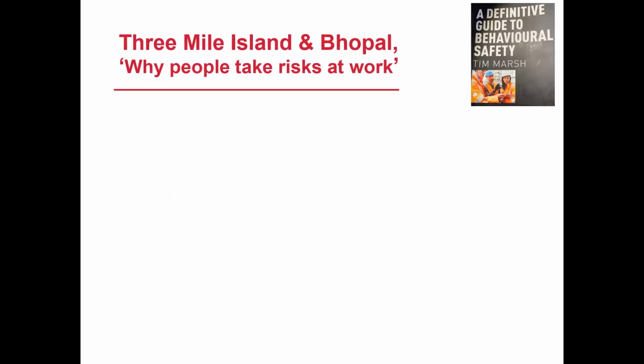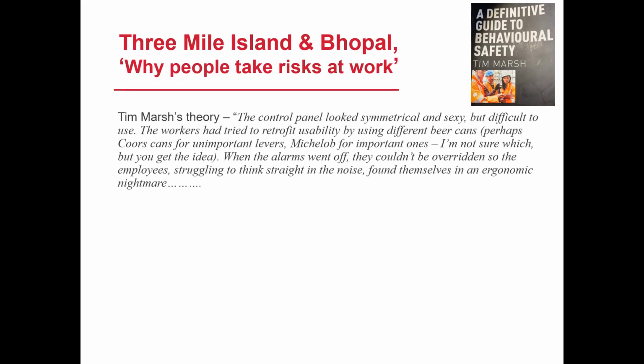Now, again, I go back to that book which I've read through from Tim Marsh, A Definitive Guide to Behavioural Safety. And I like his variation, should we say, on this in terms of incidents that have gone wrong. With the Three Mile Island example, he stipulates the control panel looked symmetrical and sexy, but it was difficult to use. The workers had tried to retrofit usability by using different beer cans.